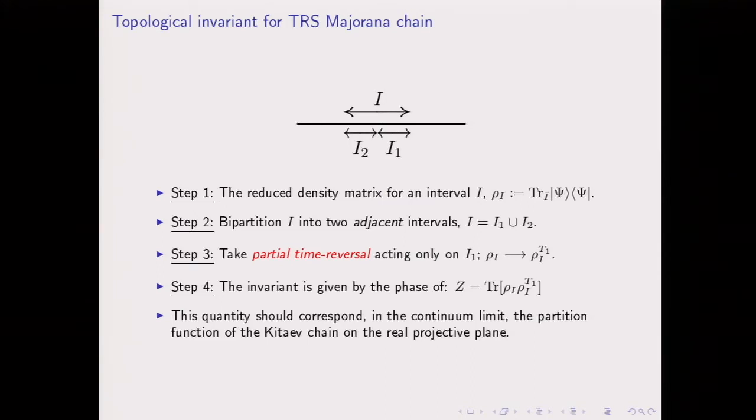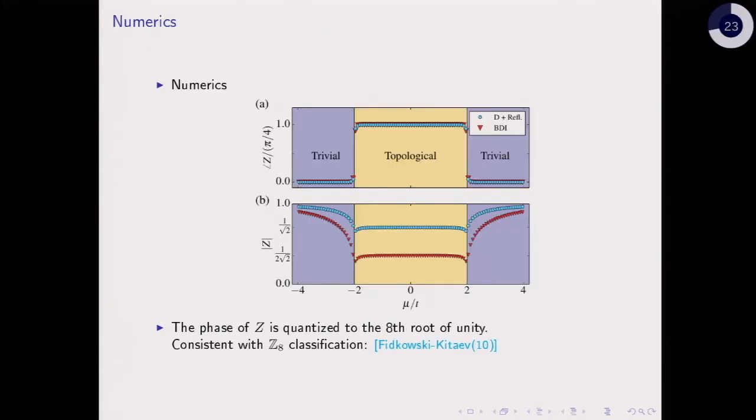Then we compute the topological invariant, as in this graph. We are moving along this axis, with a different parameter, so we are moving in the phase diagram, and we plot this topological invariant, which shows perfect quantization.